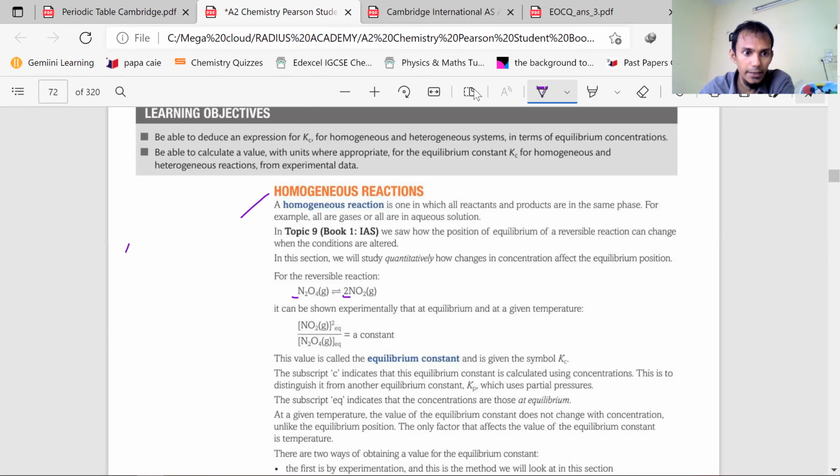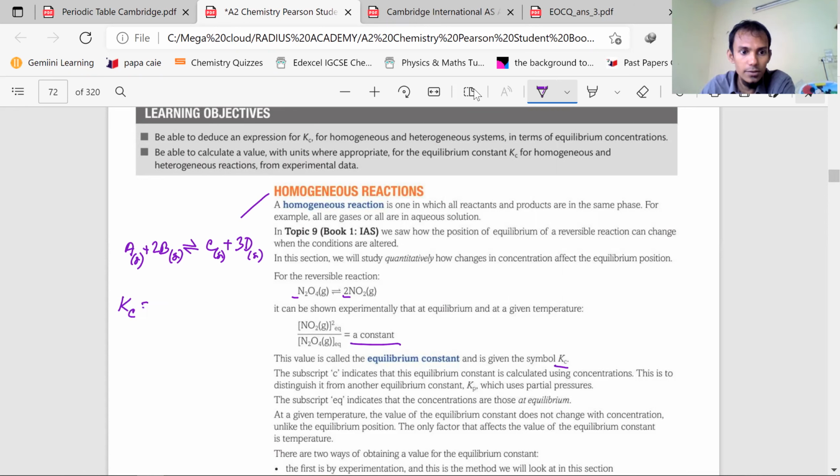If I write a reaction, say A gas plus 2B gas in a reversible reaction with C plus 3D, and all are gases, then what will be the equilibria constant Kc? It's very easy.